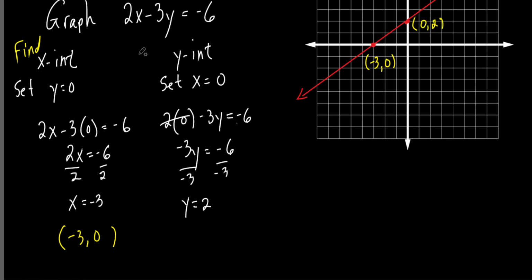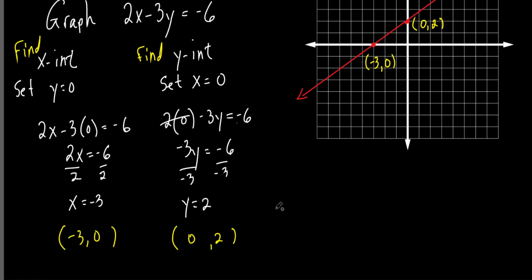So what if I asked you the question, and I believe this is on the quiz or test, okay? I might not even ask you to graph it. I just say find the x-intercept and find the y-intercept, and then your answer should look like a point, an ordered pair. And what is the y-intercept here? 0, 2, right, 0, 2. So this would be the x-intercept, this would be the y-intercept.